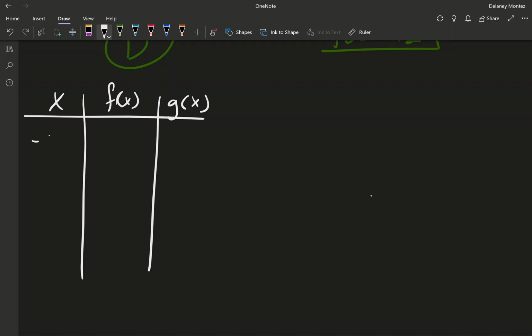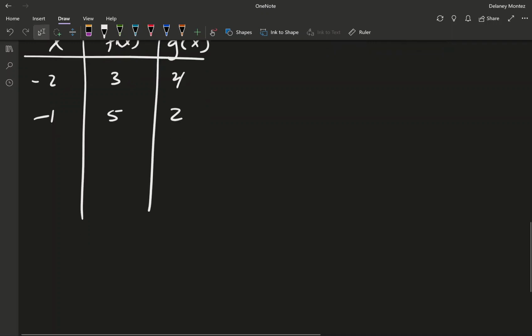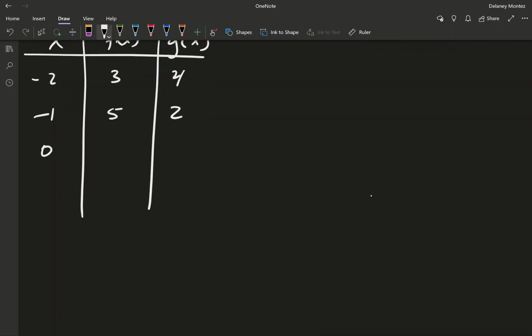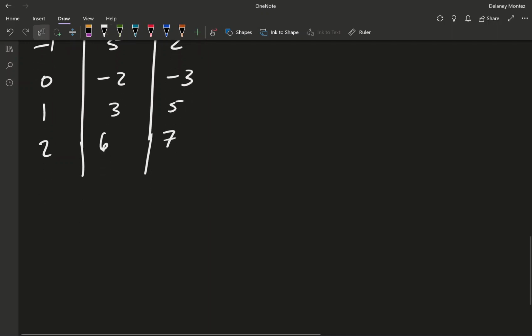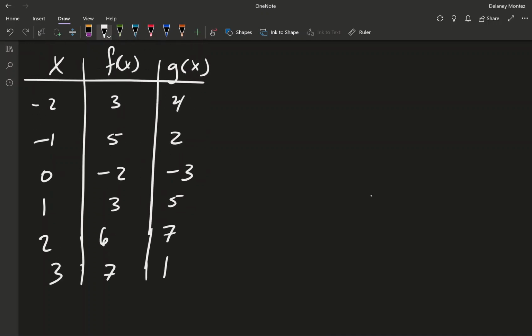And we'll get -2, 3, 4; -1, 5, 2; 0, -2, -3; 1, 3, 5; 2, 6, 7; and 3, 7, 1. Okay, so we have x, and then we have two functions defined by x, f of x and g of x, and we get these values here.